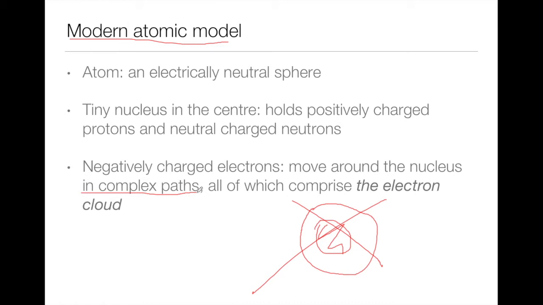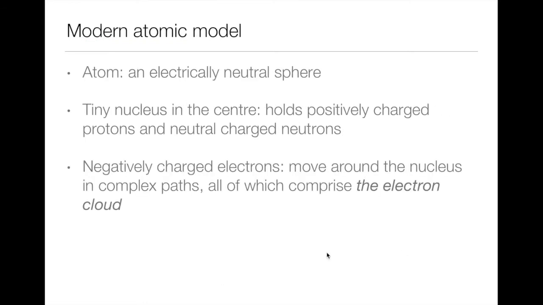We don't know how electrons move. This is for quantum physicists to discover, why electrons move the way they do. But we know that they move in certain areas around the nucleus, which are called electron clouds, and they are areas of probability.